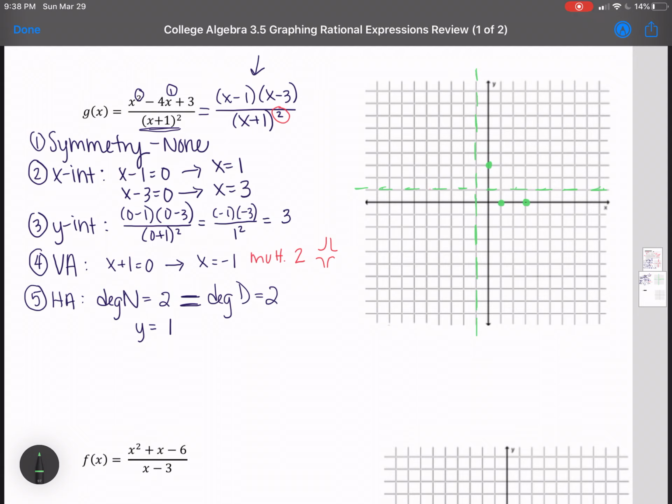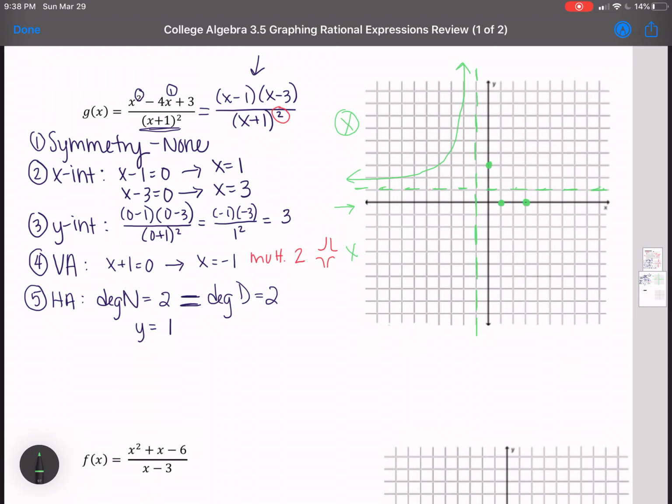So now we need to figure out, let's start on the left side of our vertical asymptote. We need to figure out, are we going to start our graph up here or down below? Since there are no x-intercepts here, we know we have to start up top. Okay, so our graph is going to get close to this horizontal asymptote without touching it, and then go up to our vertical asymptote without touching.